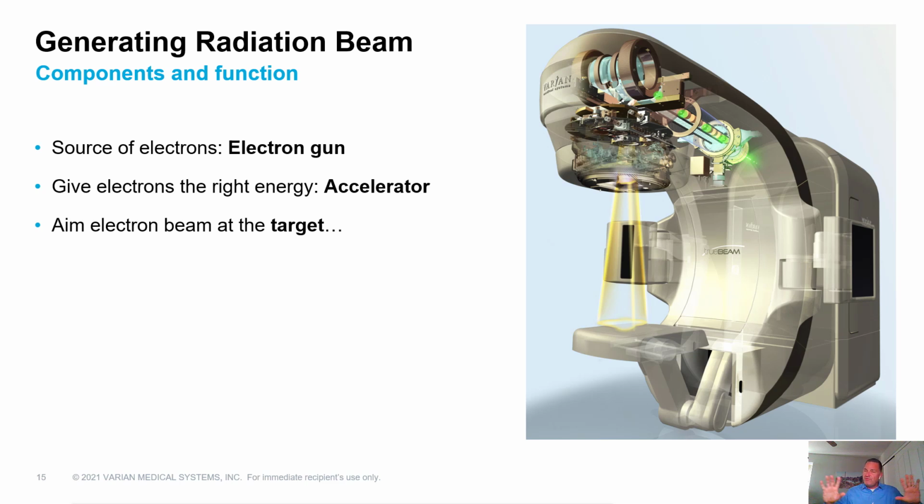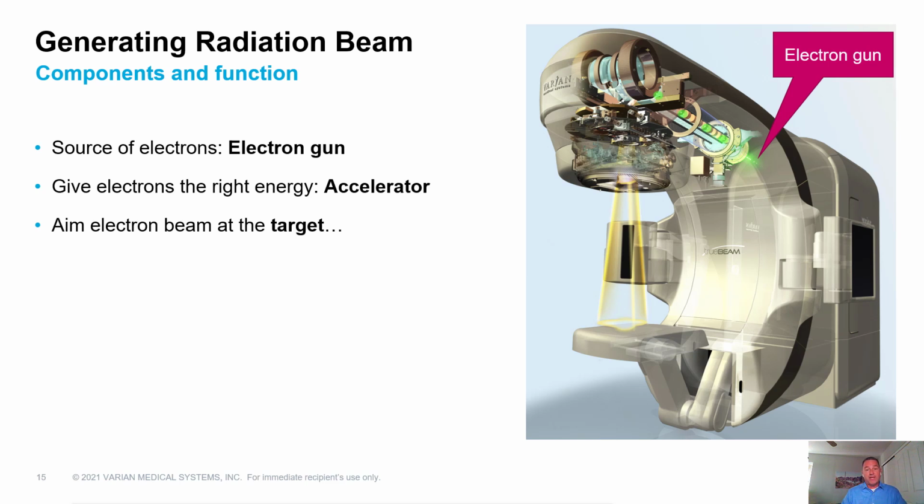So let's review all the components that generate the radiation beam and each one's function. The LINAC injection system is the source of the electrons, and that is known as the electron gun. There are two types of electron guns that are in use in LINACs today. One's a diode gun, one's a triode gun.